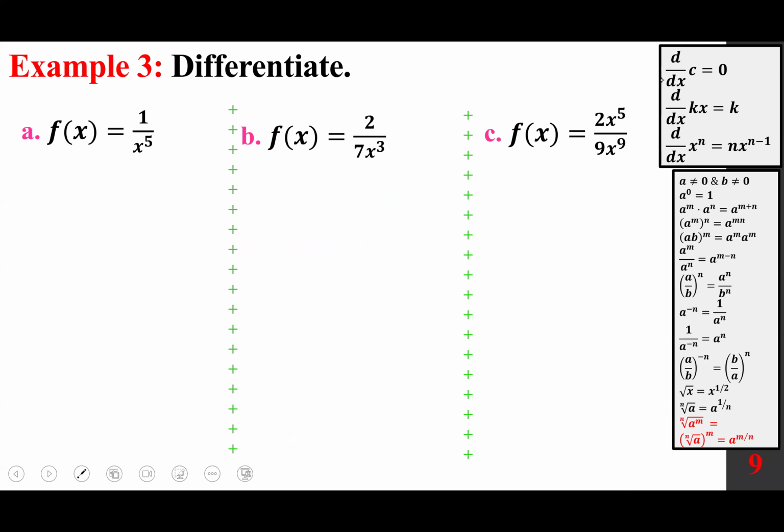Again, we have to use exponential rule to get each case ready for differentiation using the power rule. So this, we are going to use the negative exponential rule, bring it up, make it x to the power of -5.